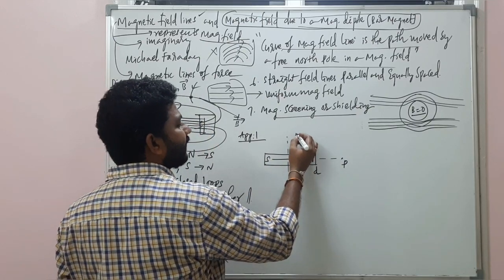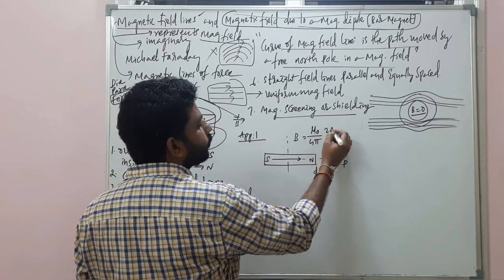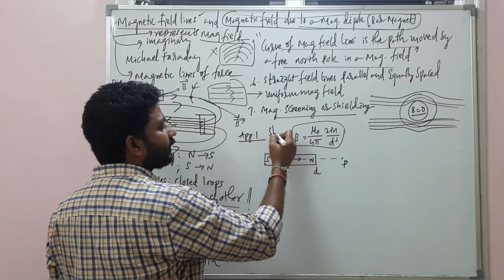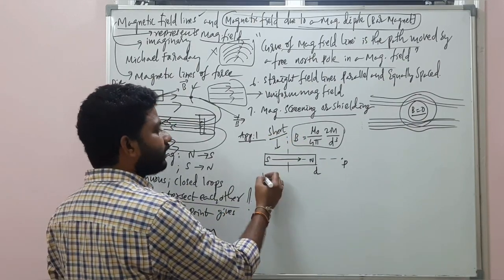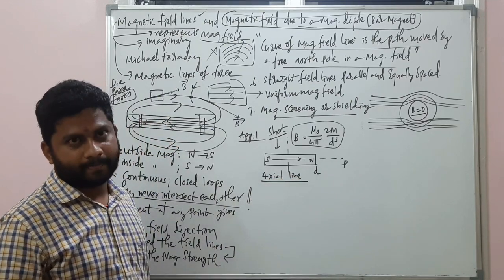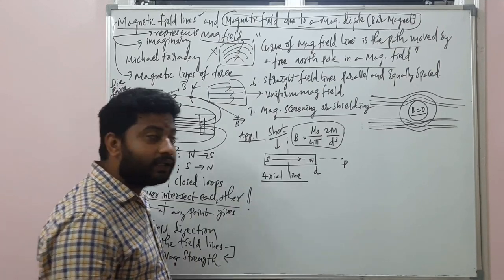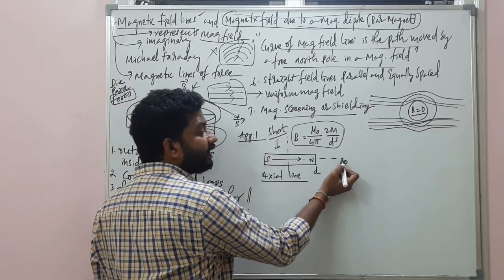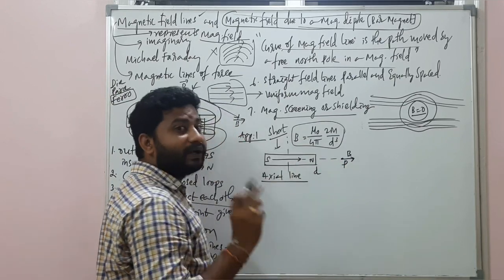That's the question. The magnetic field due to this dipole will be mu naught by 4 pi into 2m by d cube, because we are considering a short bar magnet. On its axial line, the magnetic field will be directed in the direction of the magnetic moment of the magnet.